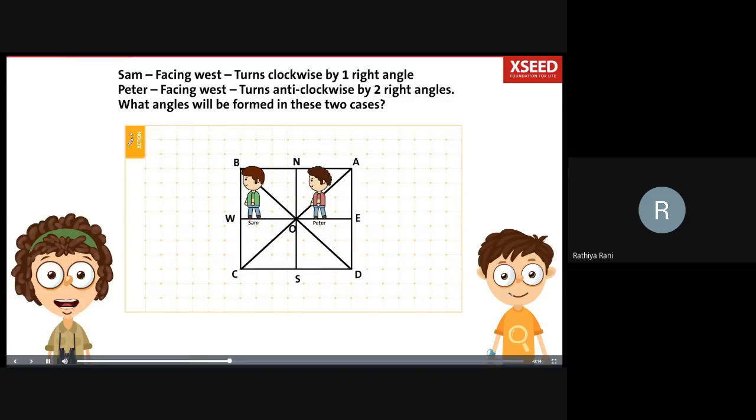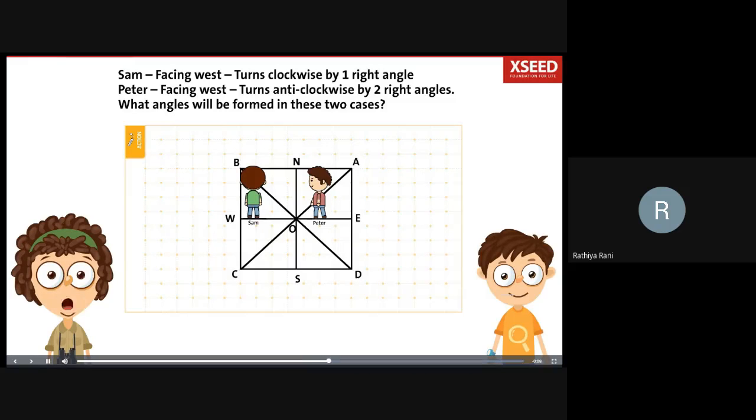Sam turns and moves clockwise by one right angle. Now only Sam turns clockwise by a right angle. So right angle means how many degrees is he turning? 90 degrees. So from west, he is turning clockwise 90 degrees.